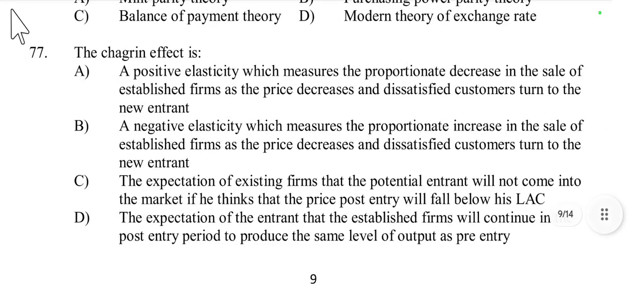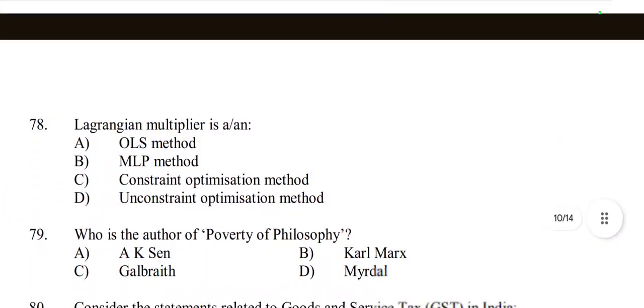Then question number 77, what is the charging effect? The charging effect is a positive elasticity which measures the proportionate decrease in the sales of an established firm as the price decreases and dissatisfied customers turn to the new entrant. Yes, this is the right option.